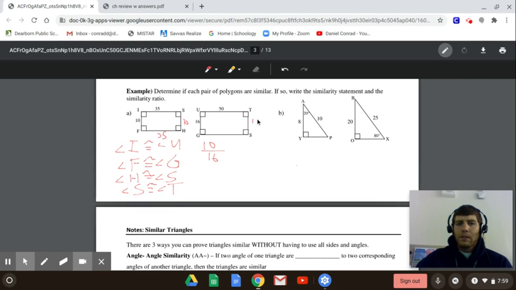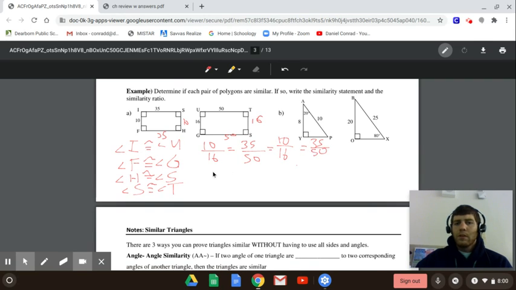This side would be 16. This side would be 50. So it's 10 over 16, and then 35 over 50.